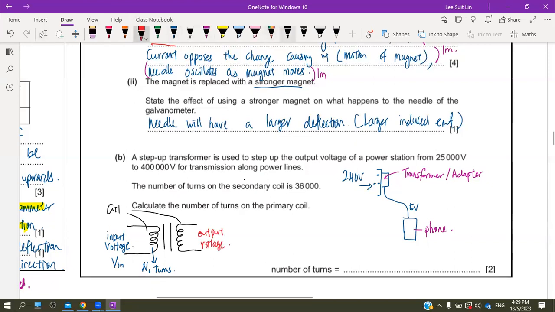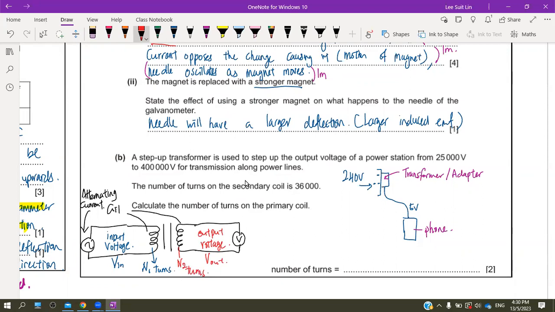So if I want to complete the circuit, for this input voltage I connect an alternating current. And then the output, I probably just connect this to a voltmeter, any output device. This output voltage will be V out, and then this is, let's say, N2.